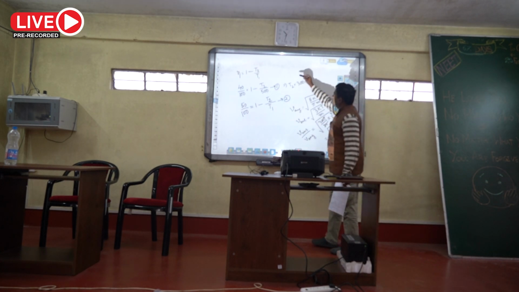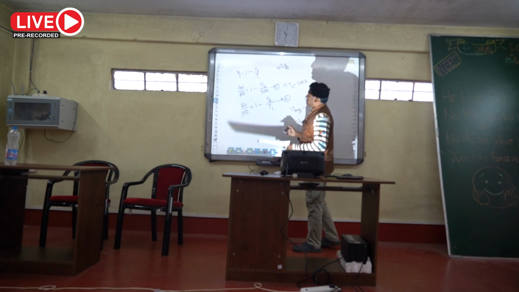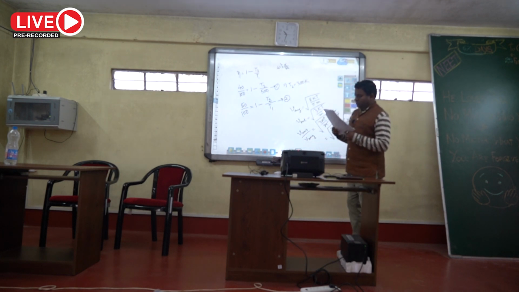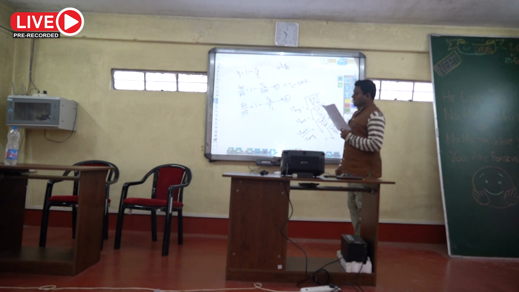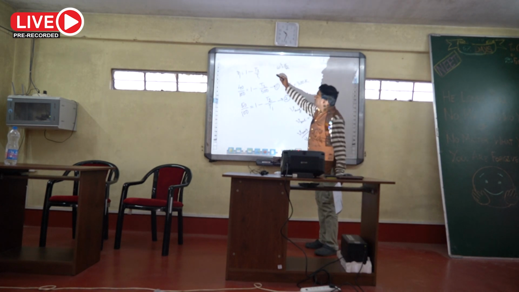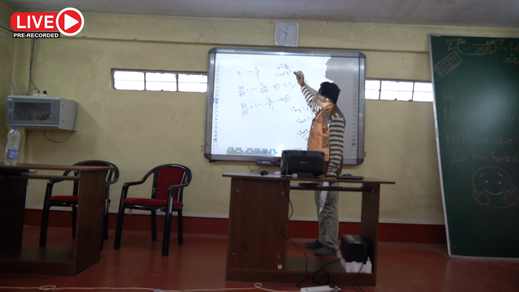We can use simply this equation, omega square equals k by m. We have to find the spring constant. Frequency is given 4 Hz. Omega can be written as 2 pi into natural frequency, so omega square is 4 pi square f square.